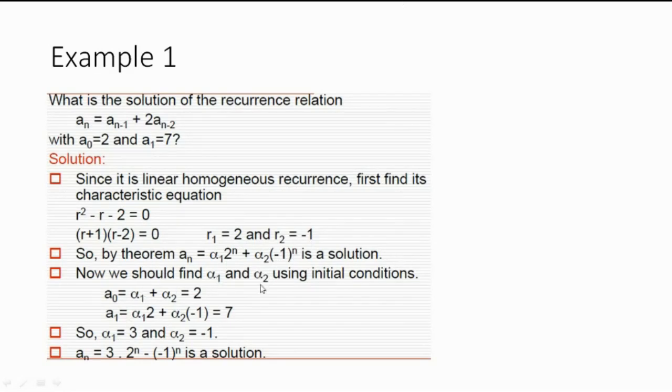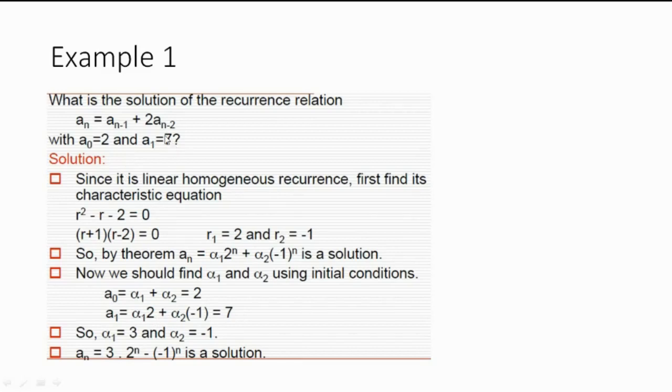Now we should find alpha 1 and alpha 2 using the initial condition. What is the initial condition? a0 is equal to 2 and a1 is equal to 7. So a0 is alpha 1 plus alpha 2 is equal to 2. a1 is alpha 1 times 2 plus alpha 2 times minus 1 is equal to 7.